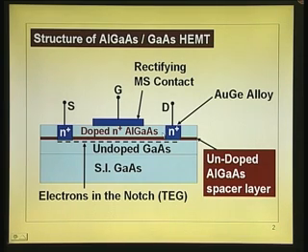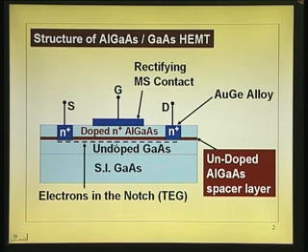Now, because of the presence of N plus layer on undoped gallium arsenide, you have this notch layer, and we also said that there are electrons here due to additional band bending in this layer, corresponding to delta Ec by q, or delta Ec, the notch.